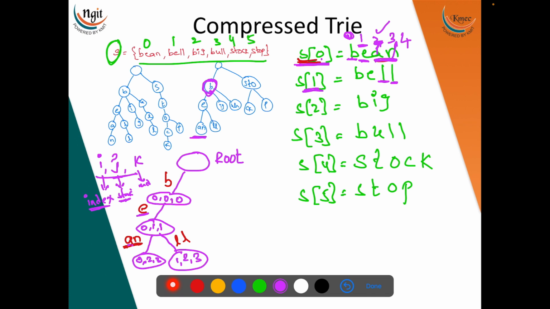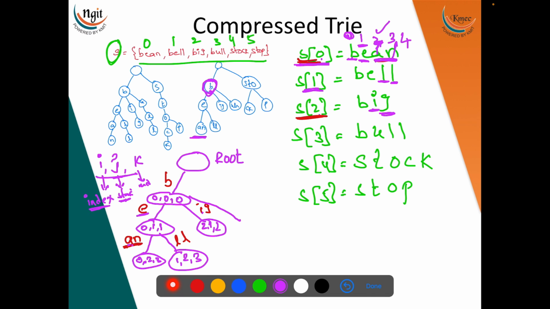And the next, big. So IG, big, belongs to 2 index. First of all it is 2. I started at 1 index, G at 2 index. It is ended in the G. So the place of G is 2. So I wrote it.